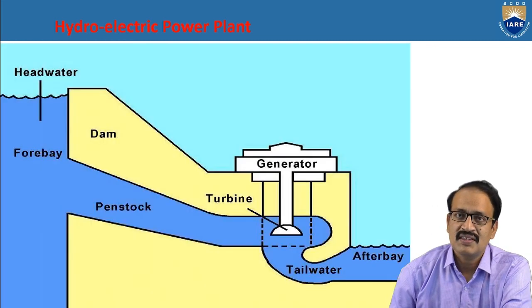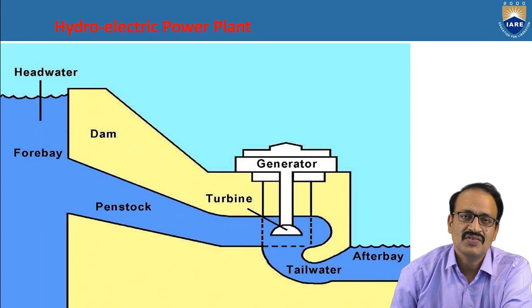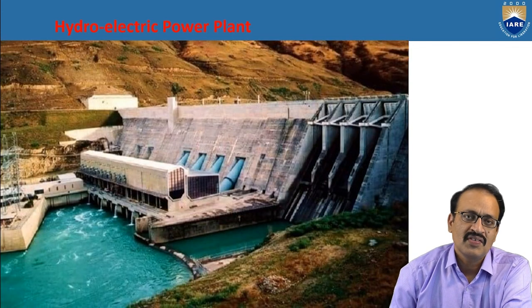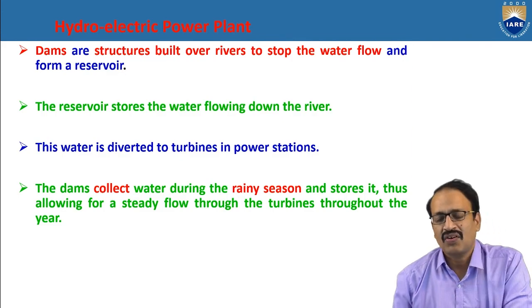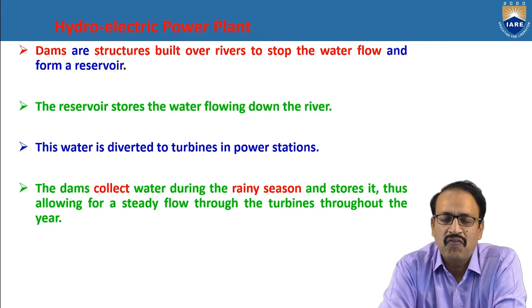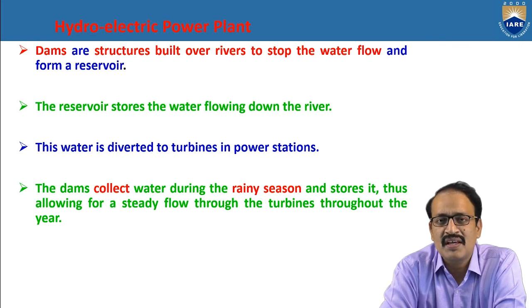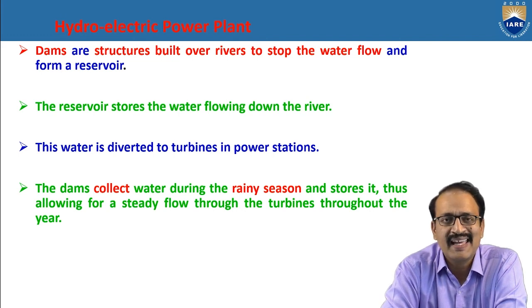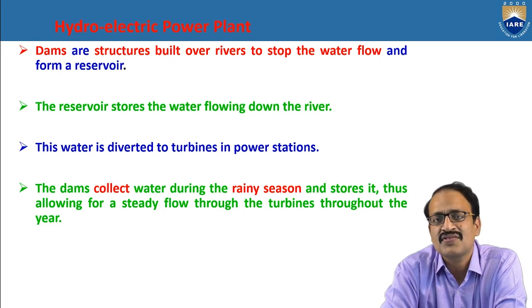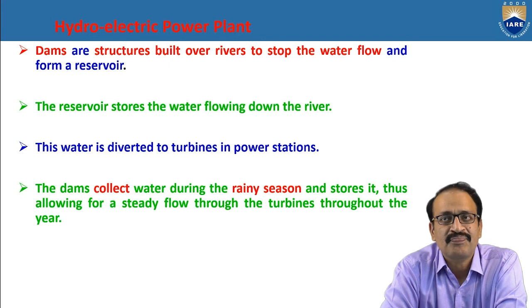So if you see the dam, the dam is the thing which is constructed across the flow of the river. To construct a dam, there should be availability of water, availability of high head, and an area which is favorable for constructing the dam.